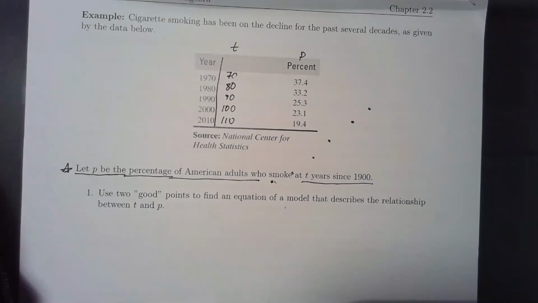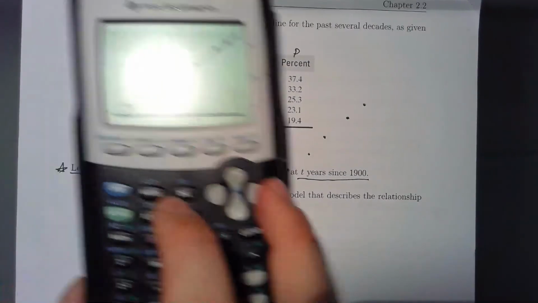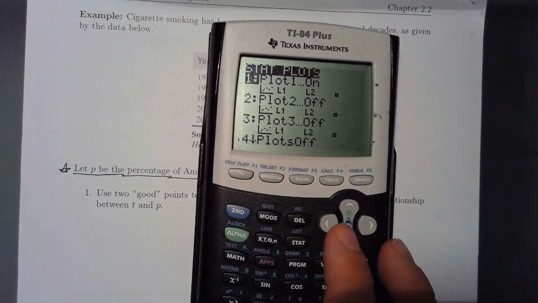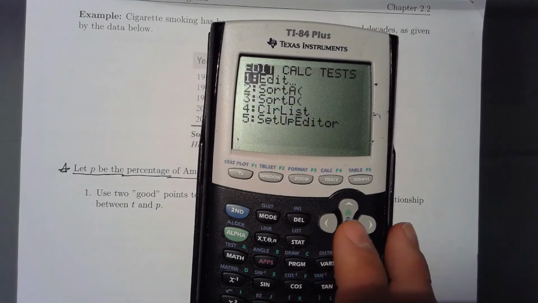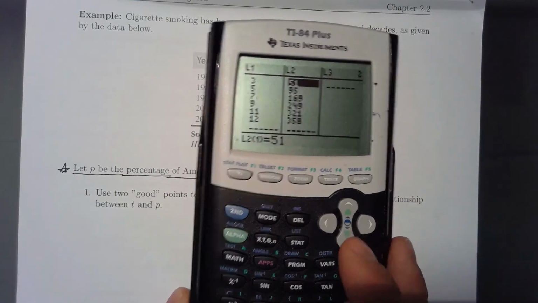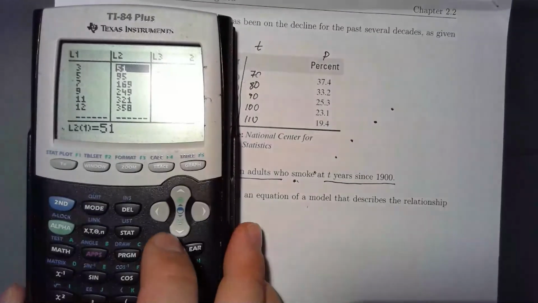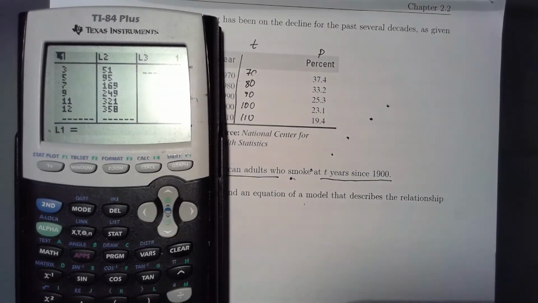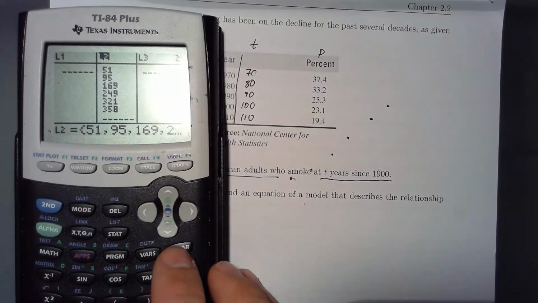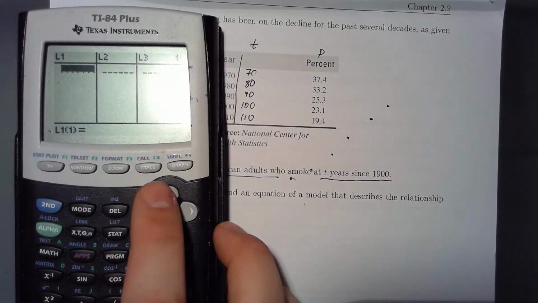So let's make a scatter plot. Let's get y equals, clear that out. Let's go to stat, edit, and type in our data. Go up to L1, hit clear, enter. L2, clear, enter. Type in your data.